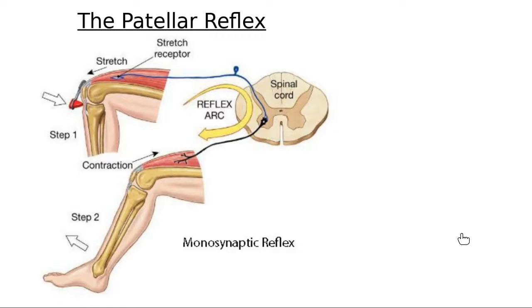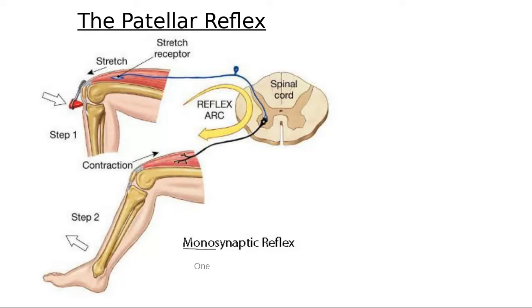Here's our first reflex. The first one is called the patellar reflex. So the patellar reflex is what I would call a monosynaptic reflex. This beginning part, mono, right here, does anyone know what mono stands for? Monosynaptic? Yeah, mono means one.